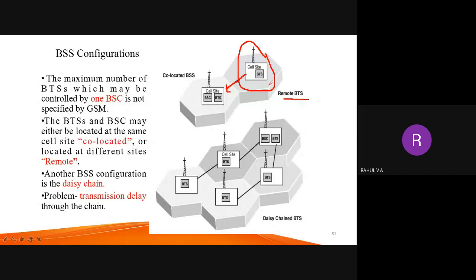And then we have also seen daisy chained BTS. The thing will be like this. There will be one BSC. That BSC will be controlling 4 or 5 BTS in different sites.